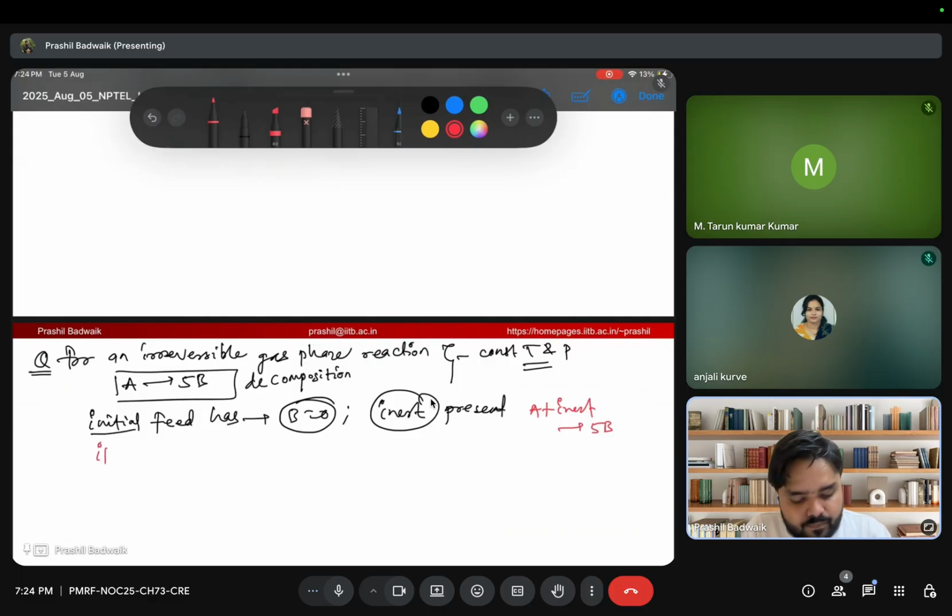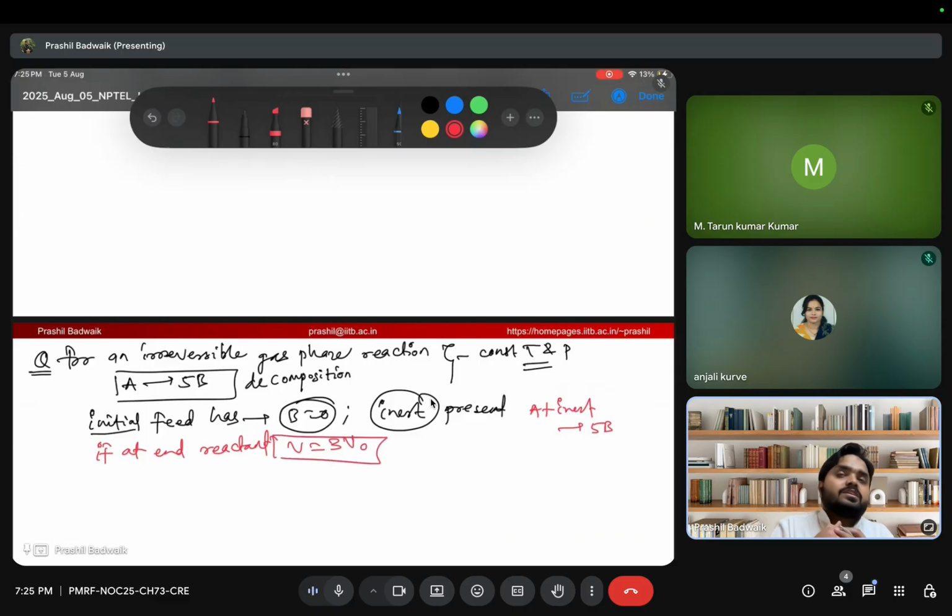If at the end of the reaction the final volume is thrice the initial volume, that means the system cannot go beyond 3 times the initial volume. There is expansion, but that expansion cannot go beyond 3 times.